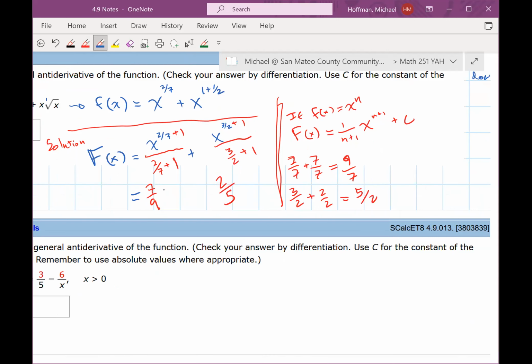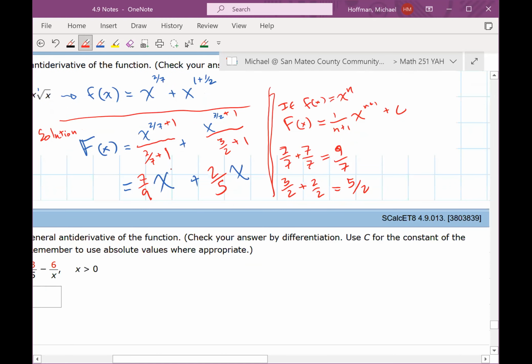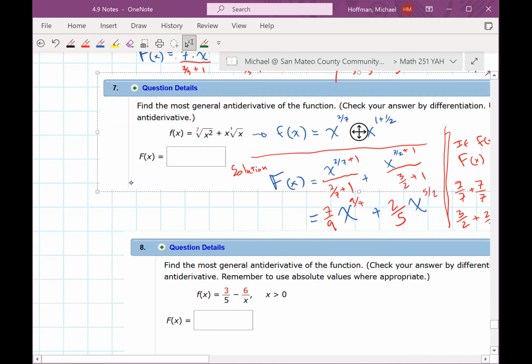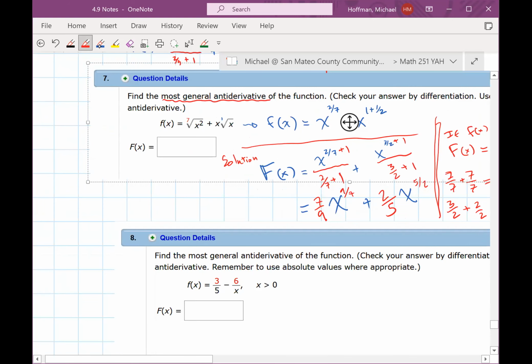And I have still power functions. We're adding the two things, and we have in the exponent 9/7 and 5/2. Okay. So for the final answer, because they ask for the most general, you would write a plus c.